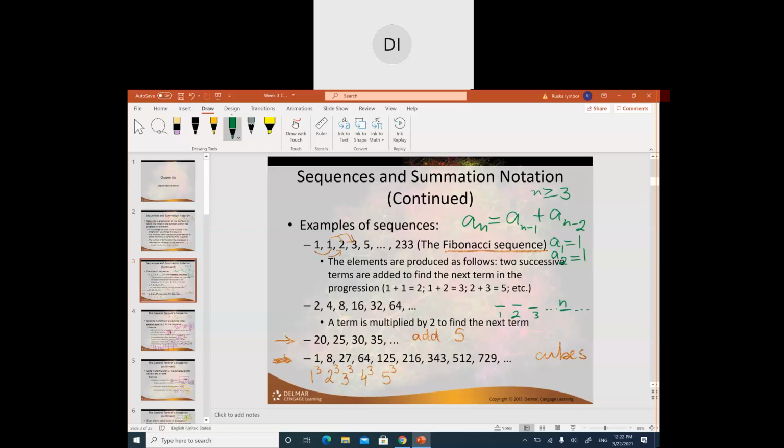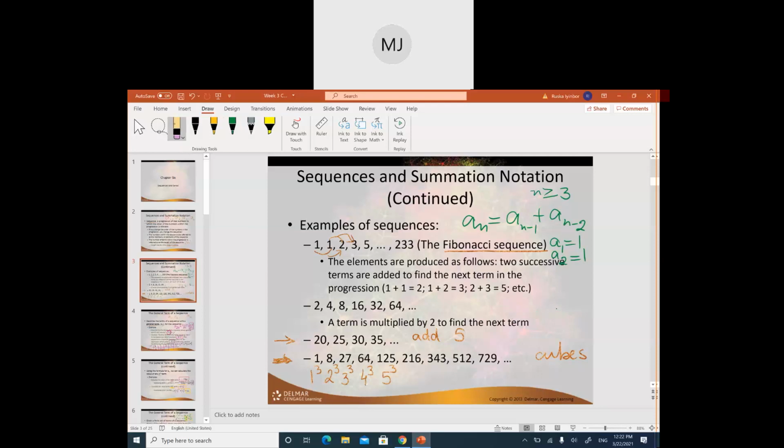And then you have n plus 1. n represents any number, in general. Okay, so a_(n-1) would be the one before.